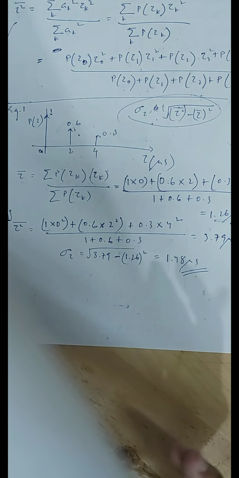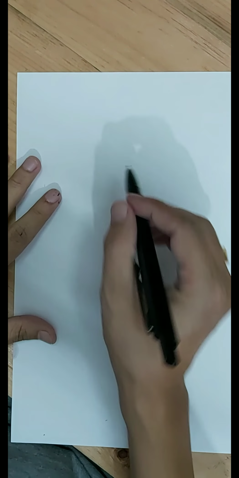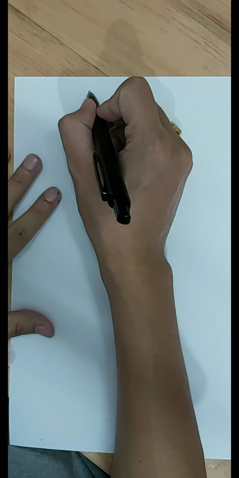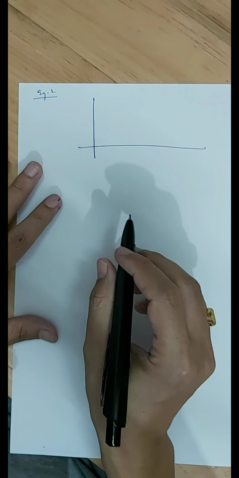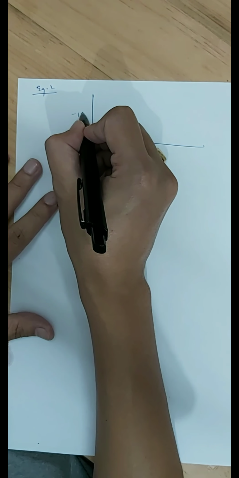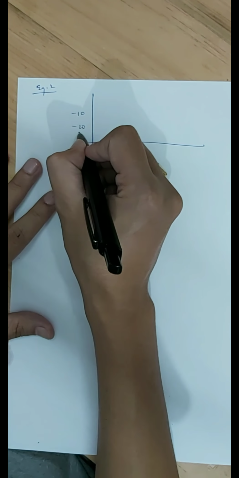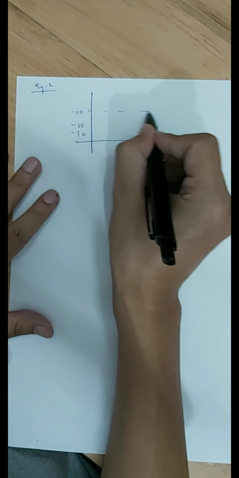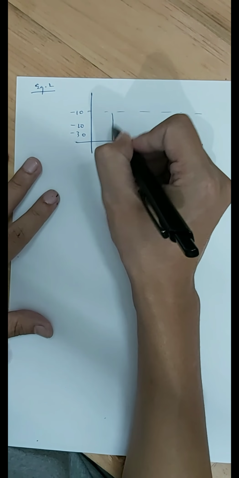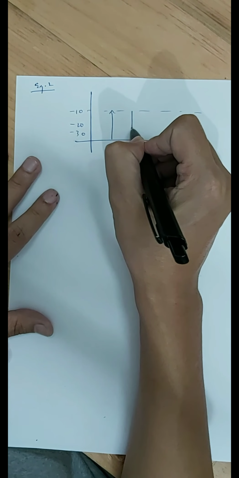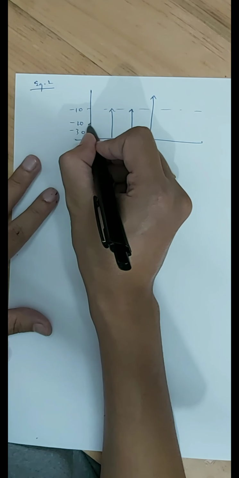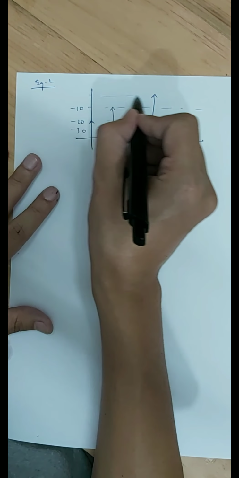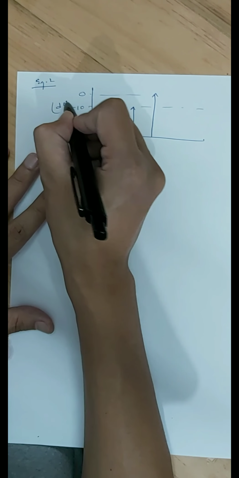Okay, let's look at another example. What if your received signal strength is in terms of dB? This is example 2. Let's say minus 10 dB, minus 20 dB, minus 30 dB, and this one is 0 dB.